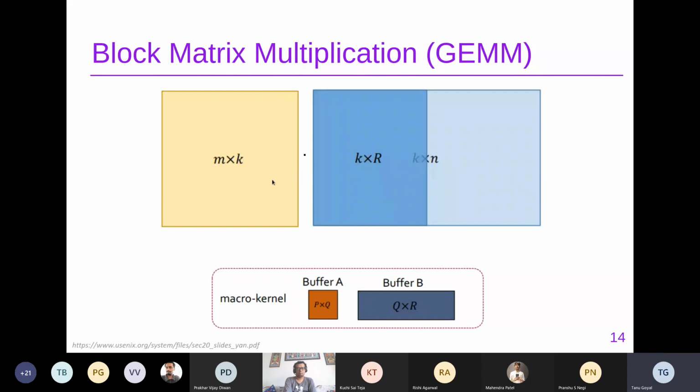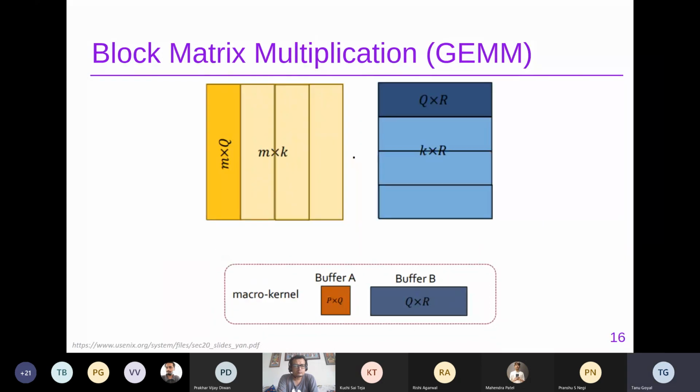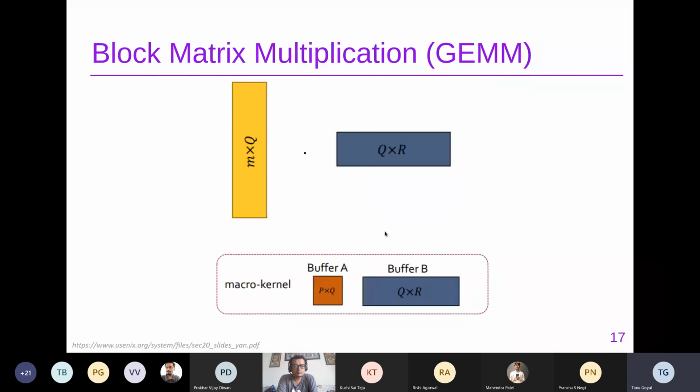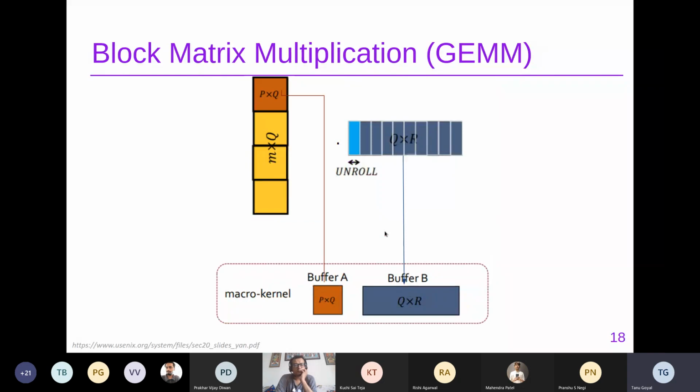The M cross K and K cross N matrices will be looped together to finally place them into buffer A. Initially N got reduced to R, K got reduced to Q, and then M got reduced to P. So now we have our required size values.